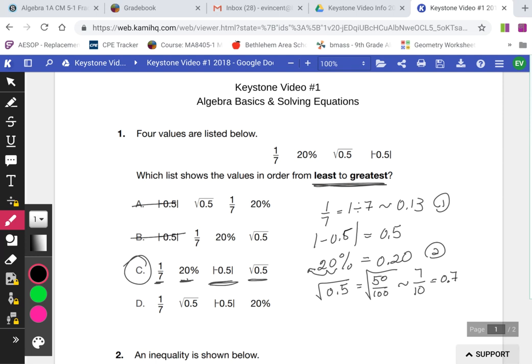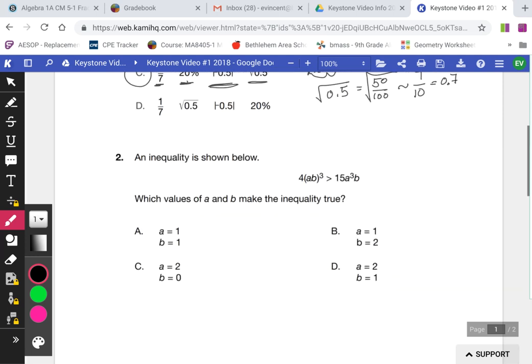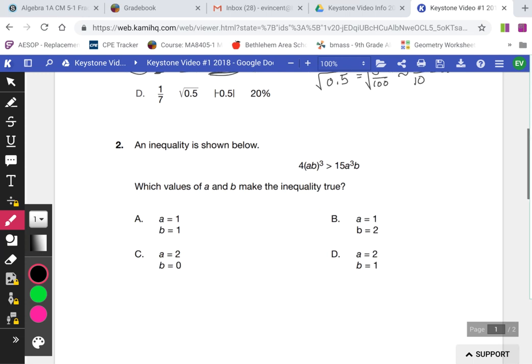Okay? On to question number 2. It says an inequality is shown below: 4 times AB cubed is greater than 15A cubed B. And then it says which values of A and B make the inequality true. So what makes the left side bigger than the right side?